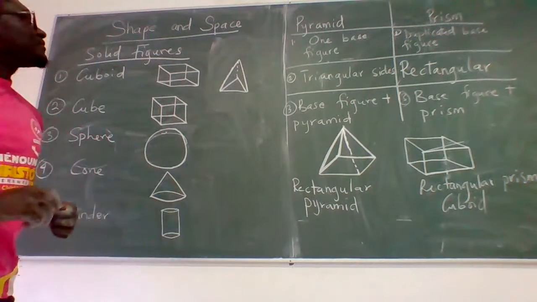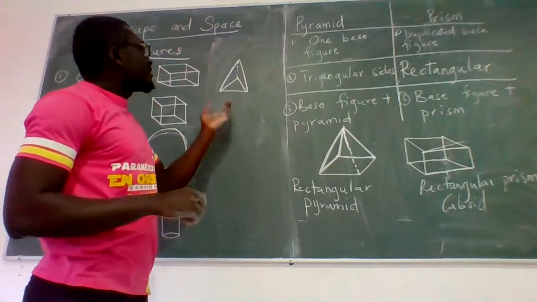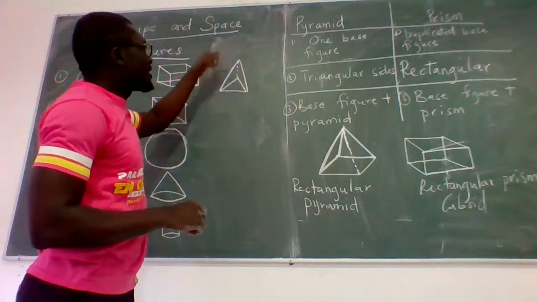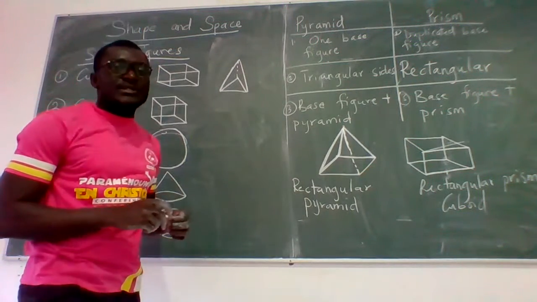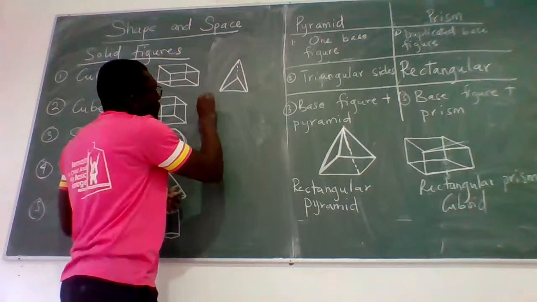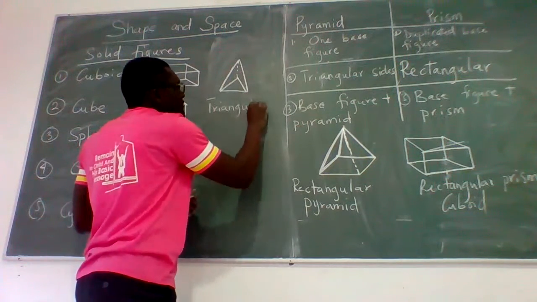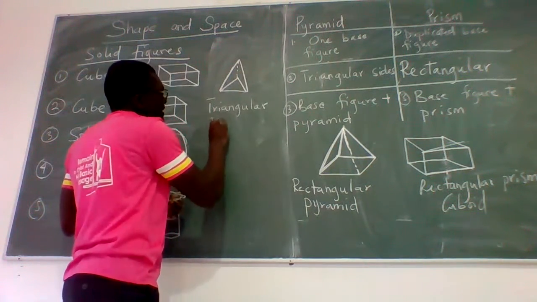Okay, so we have something like this. So you can see that the base is a triangle, and then the surrounding ones are also triangles. And this we will call a triangular pyramid.